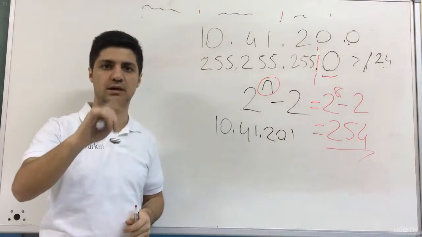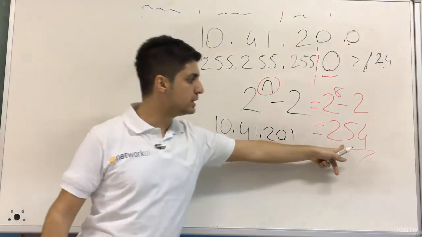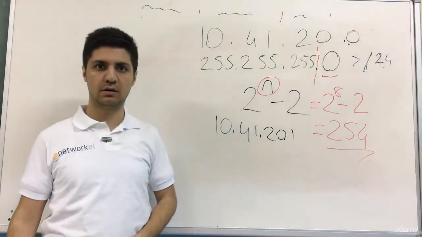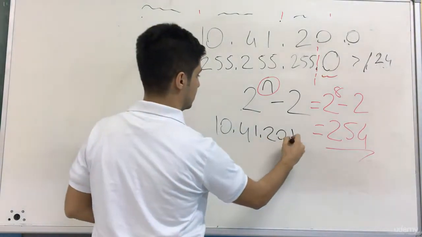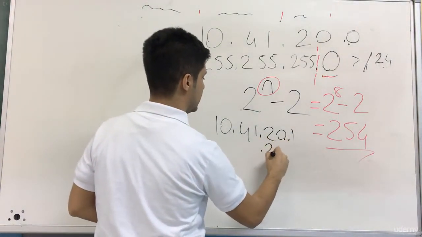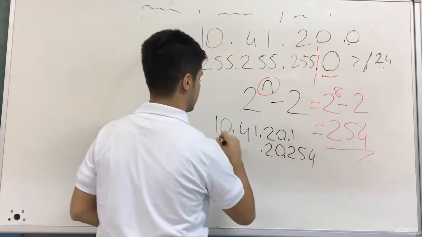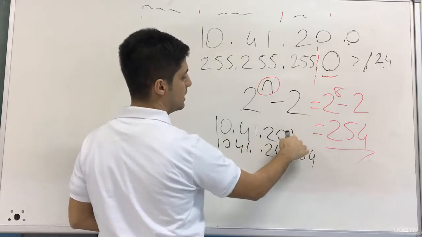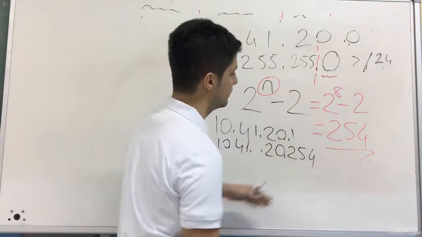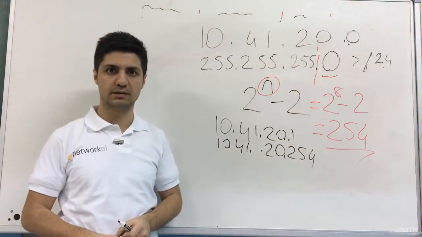If I can use 254 in total, my last IP address will be 20.254, right? I'm starting with 1, finishing with 254, and that's going to be 254 IP addresses in total.